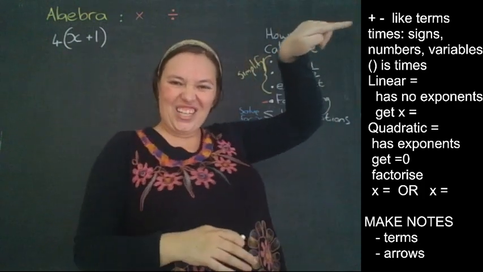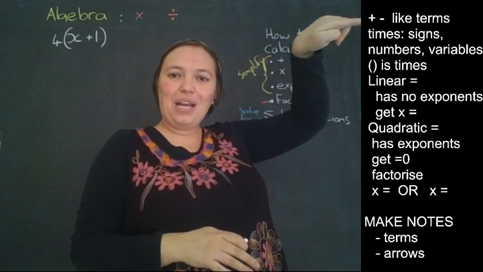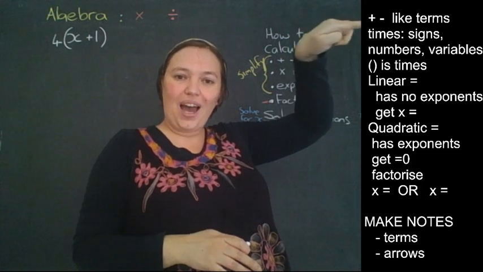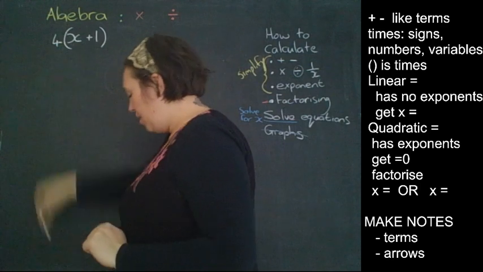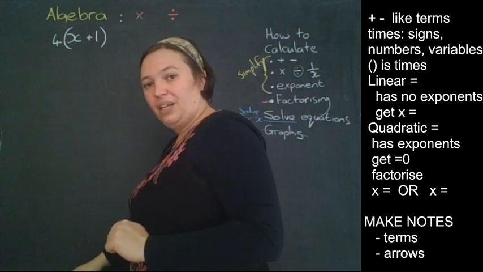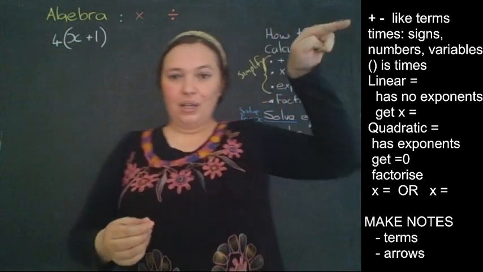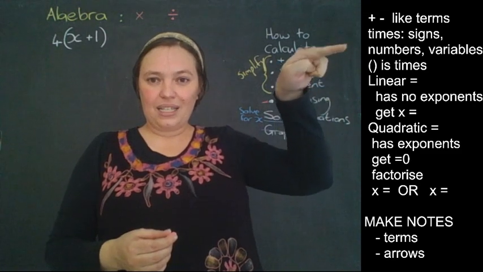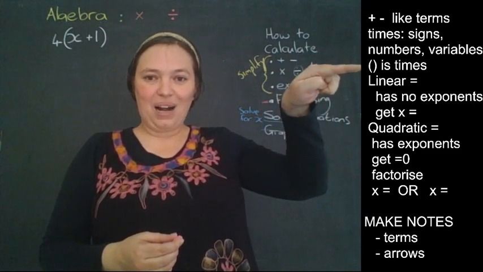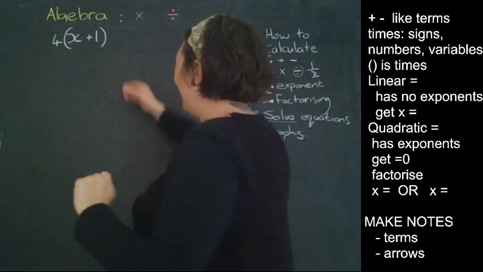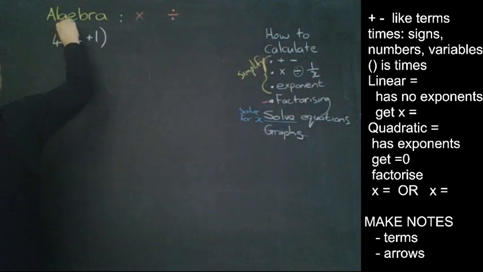There's nothing we can plus and minus because it's not like terms. So we have to multiply. So I said brackets is times. So we times that in with both of them.